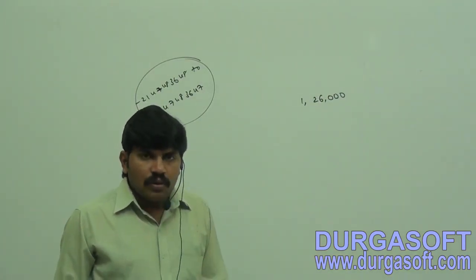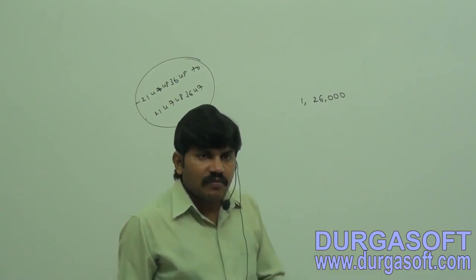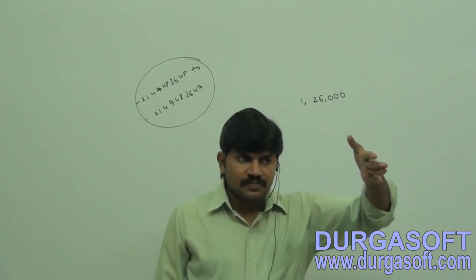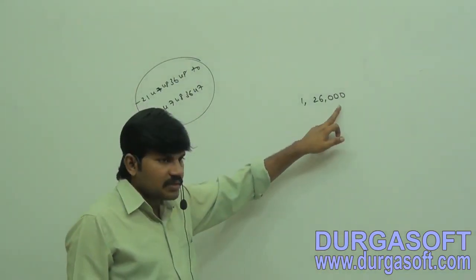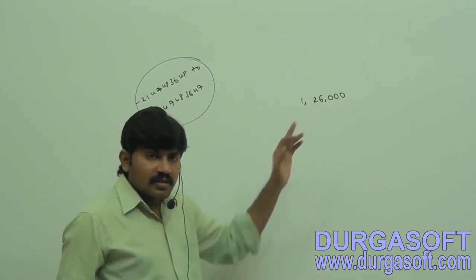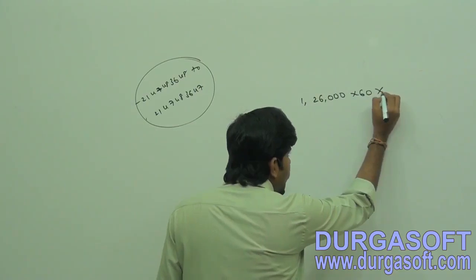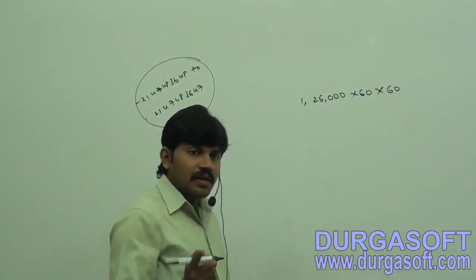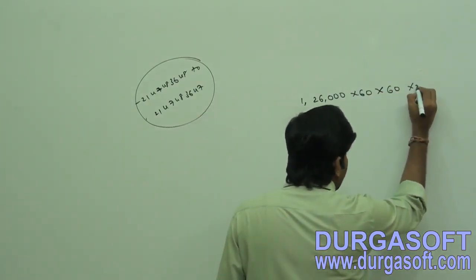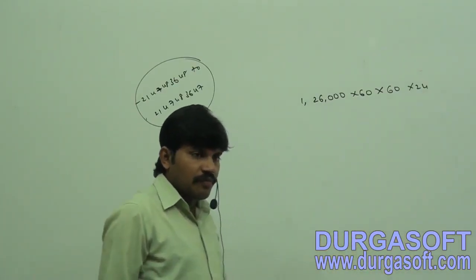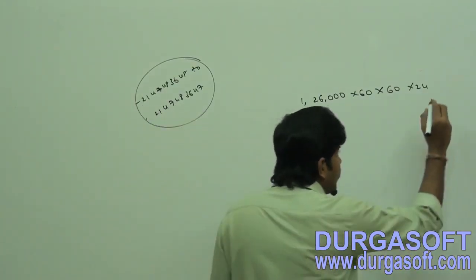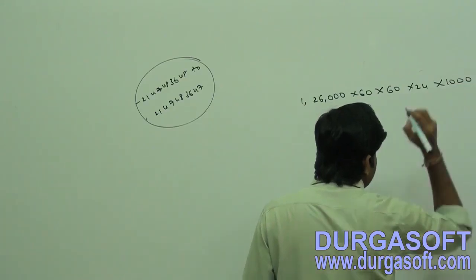I want to hold the distance traveled by light in 1000 days. So these many miles per second, then per minute means into 60, per hour means into 60, per day means into 24, and for 1000 days means into 1000.